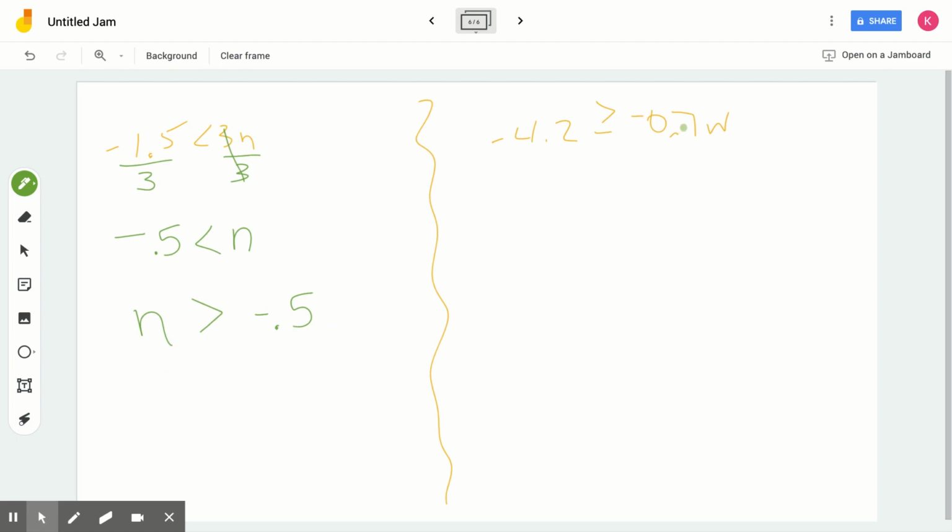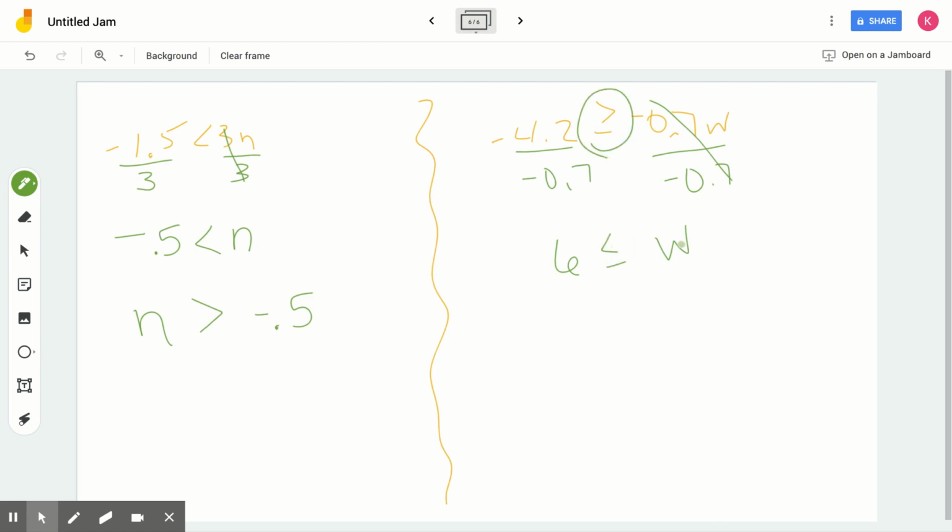This last one here, negative 0.7 times w, the opposite would be to divide. Negative divided by a negative is a positive. 4.2 divided by 0.7 is 6. This will cancel and we're left with w. We divided by a negative, so we flip the sign.